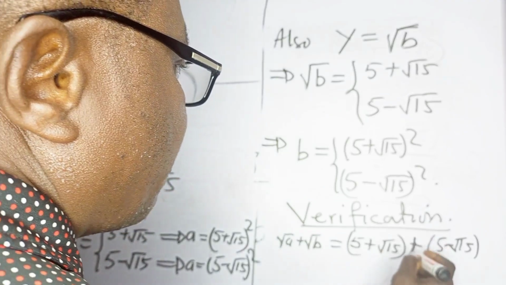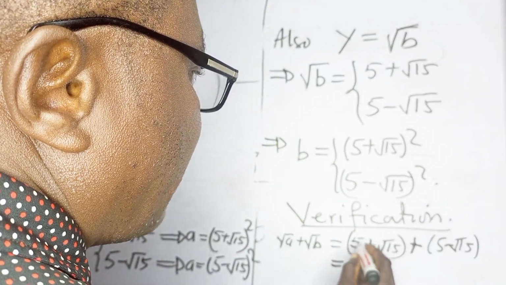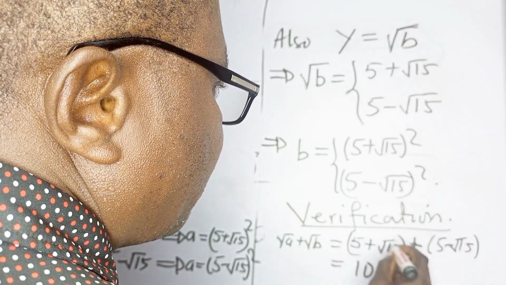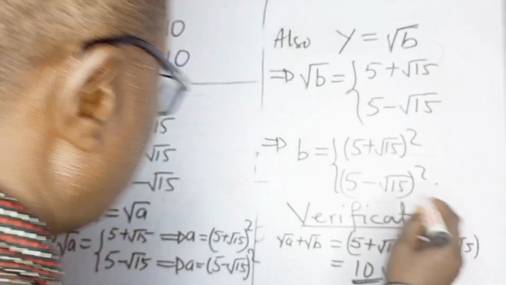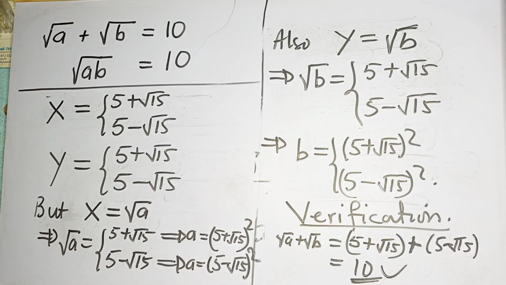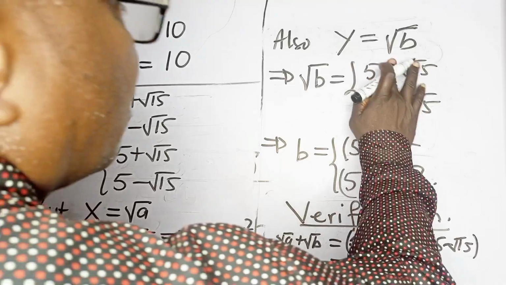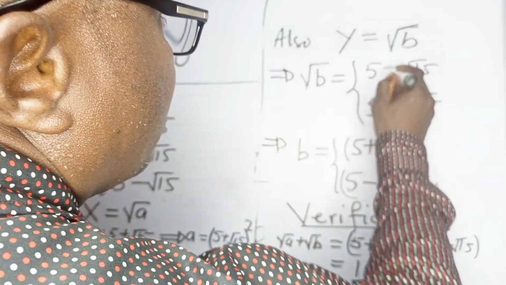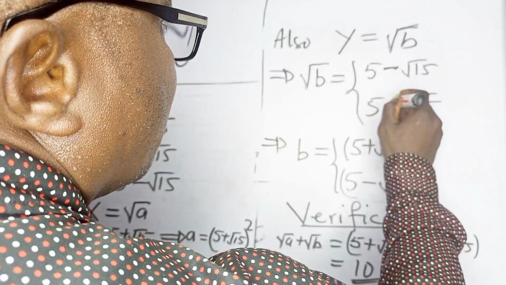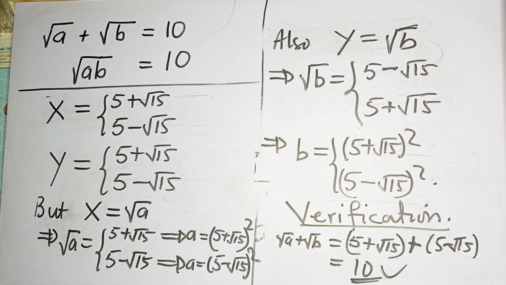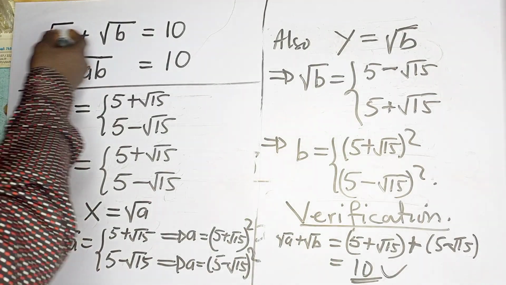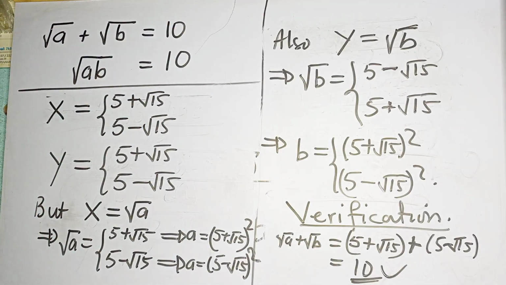If we add them together, we have 5 plus 5, which is 10, and root 15 minus root 15, which is 0. Pay attention here, it was supposed to be 5 plus root B, sorry for that mix up. So we have seen that the first verification holds.